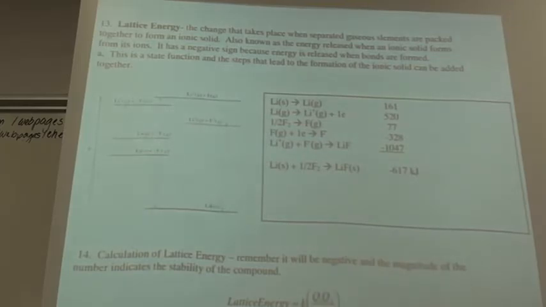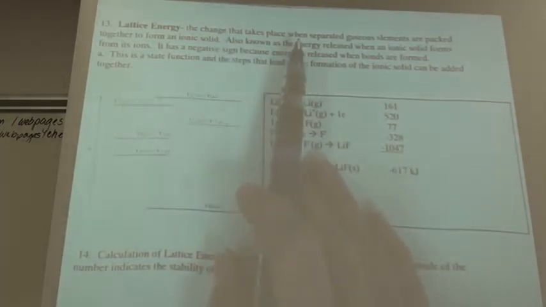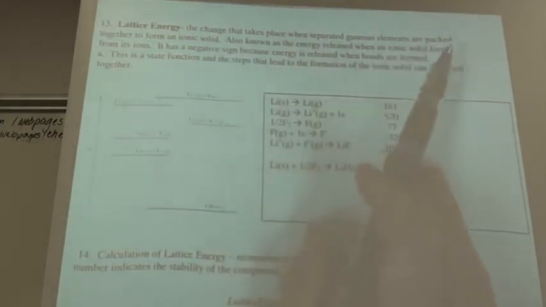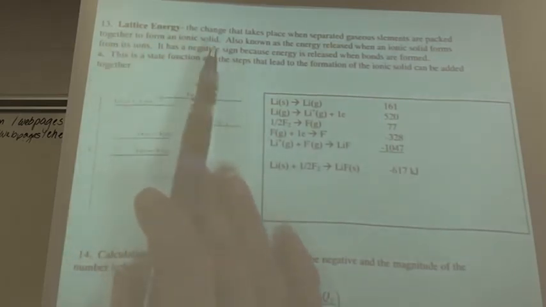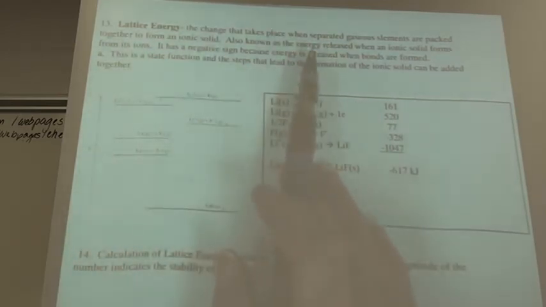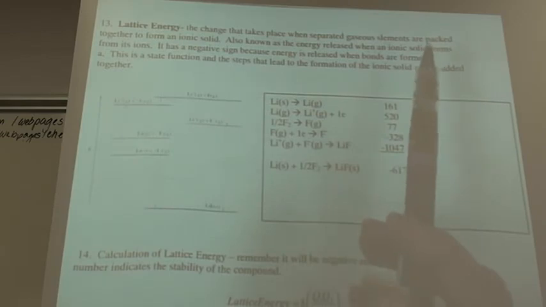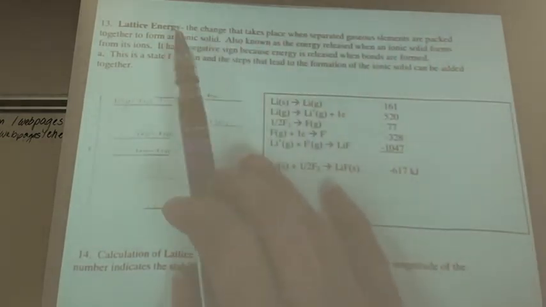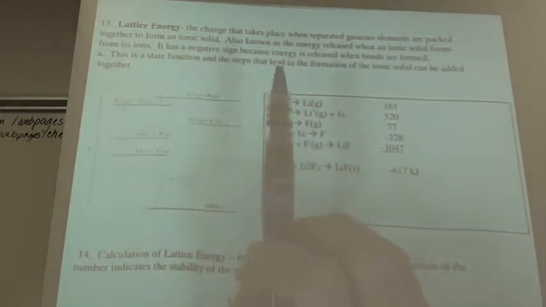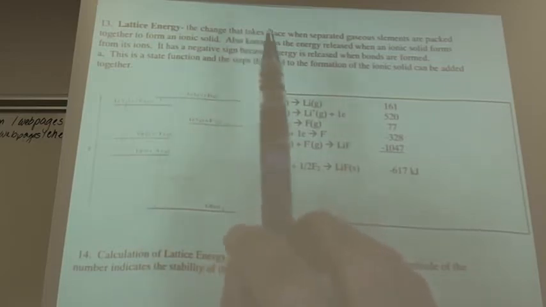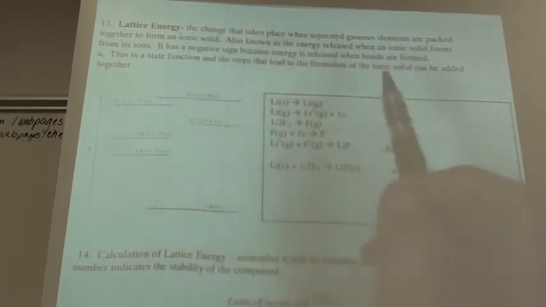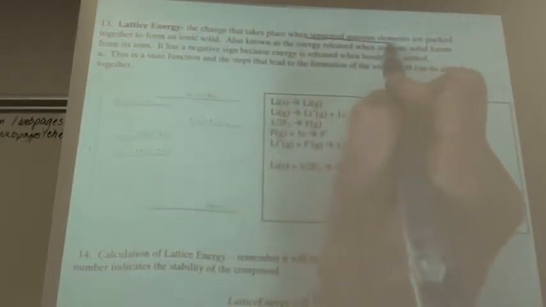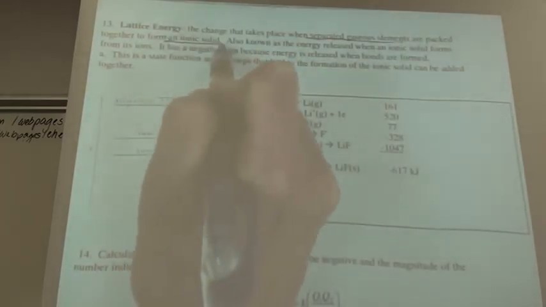Lattice energy is the change that takes place when separated gaseous ions are packed together to form an ionic solid. It's also known as the energy released when an ionic solid forms. Okay, this shows up as an AP question in nothing more than definition form. Please note it says separated gaseous ions, ionic solid.